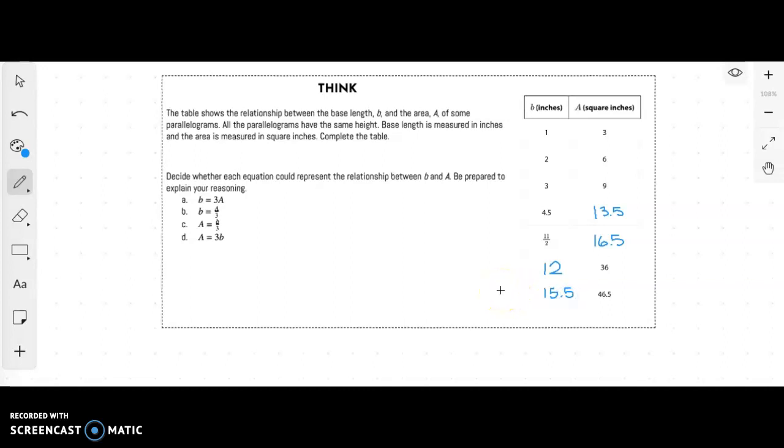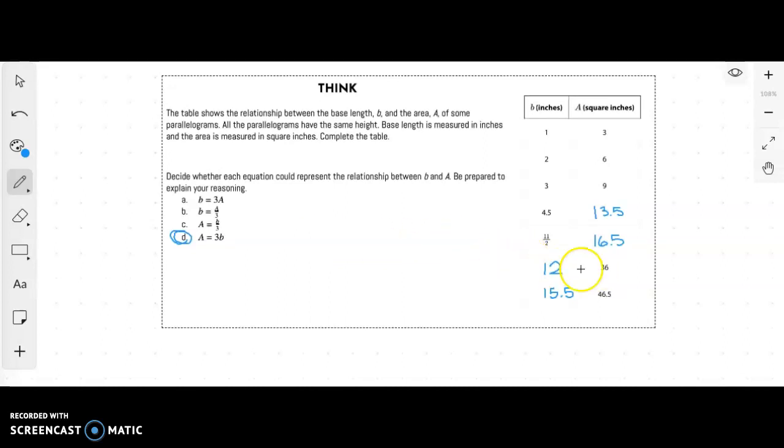So now that our table is complete, it says to decide whether each equation could represent the relationship between B and A. Well, we already know the relationship because we used that relationship to fill it out. We said we multiply by 3 to get from B to A. So I take B, I multiply by 3, and I get to A. If I look at my equations, I can see option D has me multiplying by 3 to get to A. But remember I said it could be more than 1, and we did that actually.